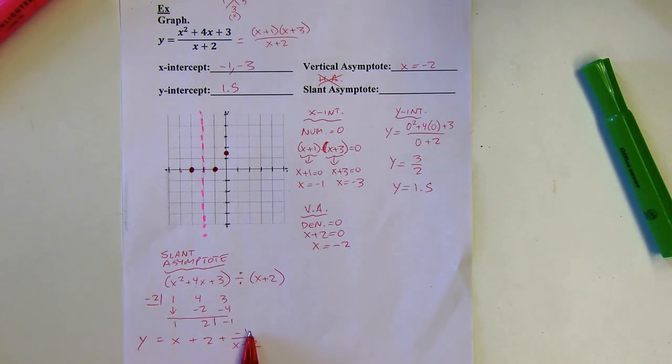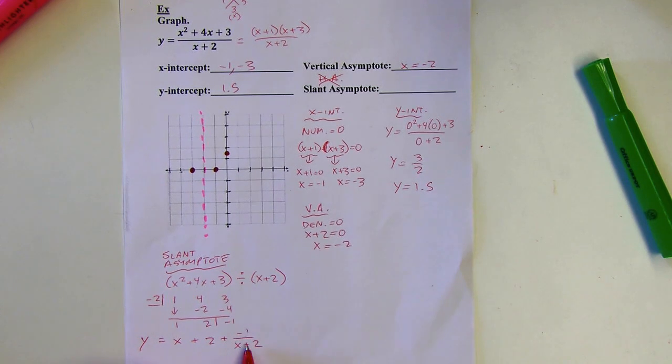Well, then it'd be -1 over 98. It'd be a really small negative number, right? If we plugged in 1,000,000 for x, actually, it'd be -1 over 102, sorry. If we plugged 1,000,000 in for x, it'd be -1 over 1,000,002. It'd be a really, really small number, right? And same thing if we plugged in -1,000,000.